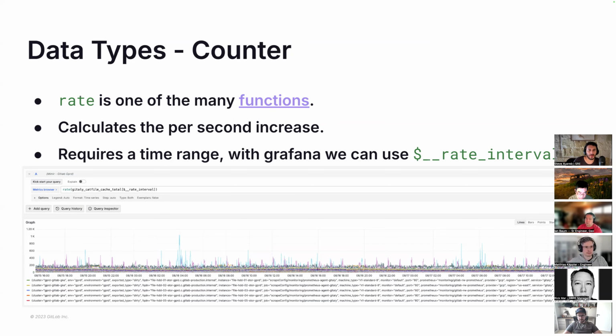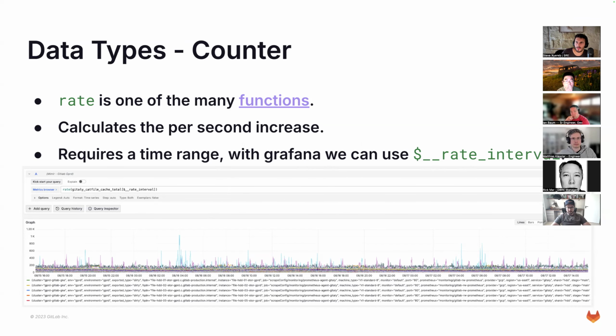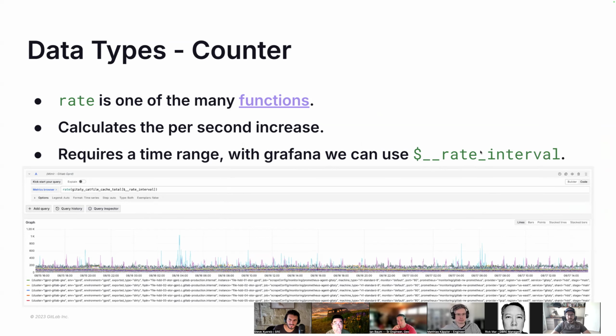So here you can look at the rate, meaning on a per second view, the increase or the decrease of cache hits. You usually provide a time range. With Grafana, you don't have to think much about this. You just use rate interval, and it calculates the per second increase.